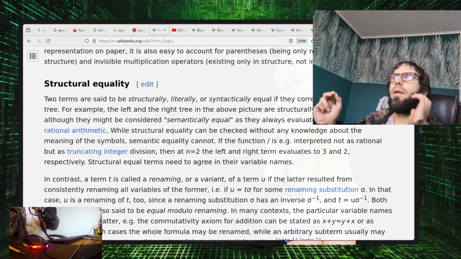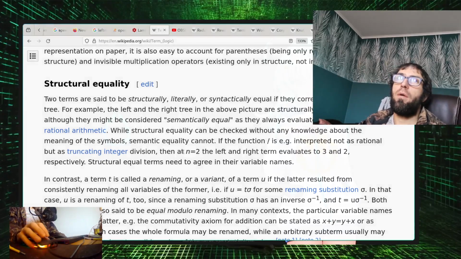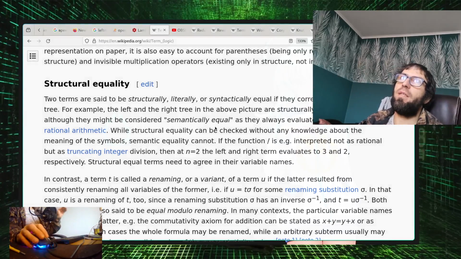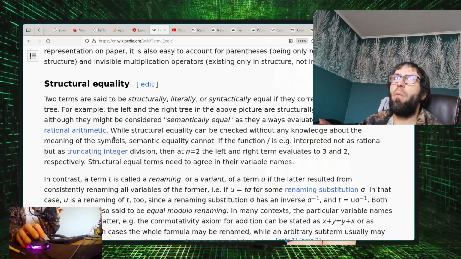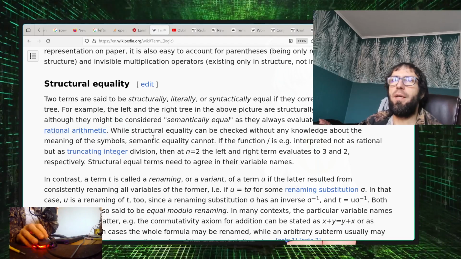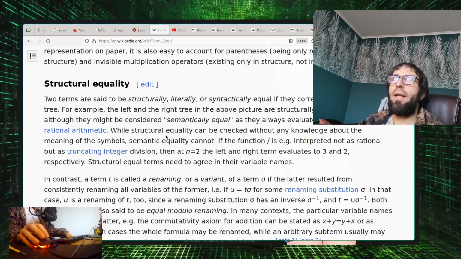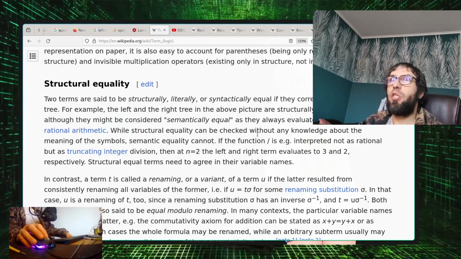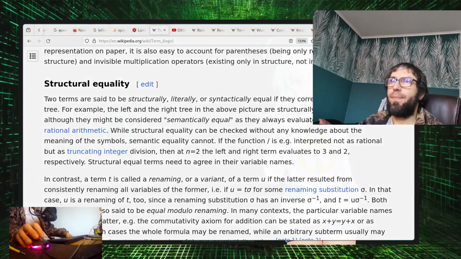The two terms might be considered semantically equal, as they always evaluate to the same value in rational arithmetic. While structural equality can be checked without any knowledge about the meaning of the symbols, semantic equality cannot.